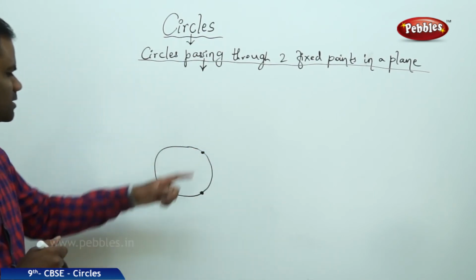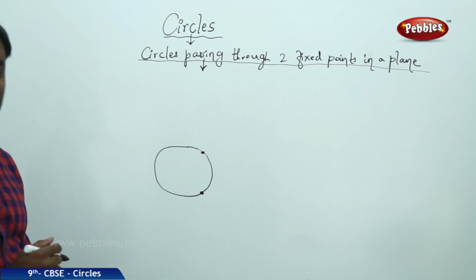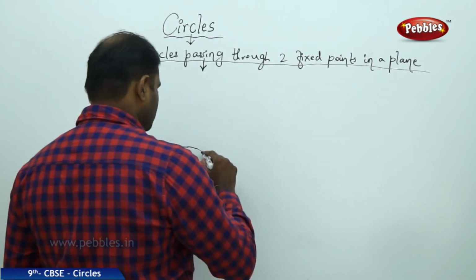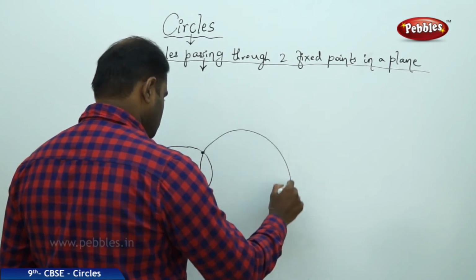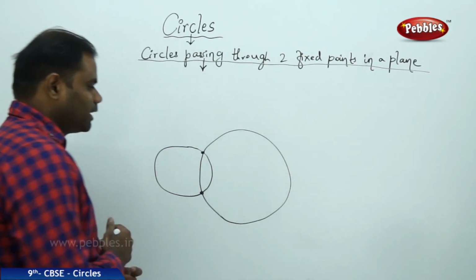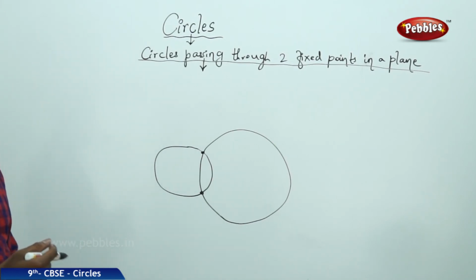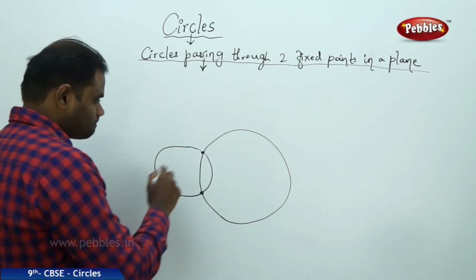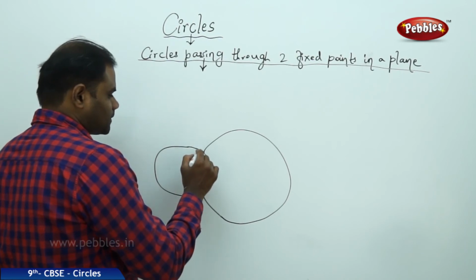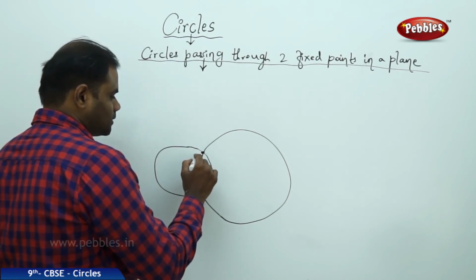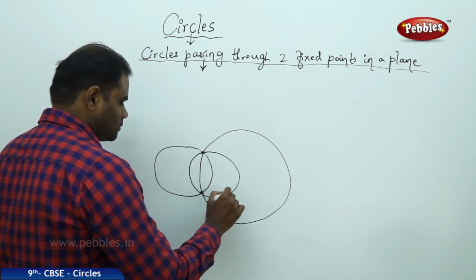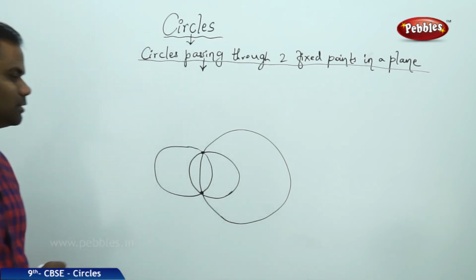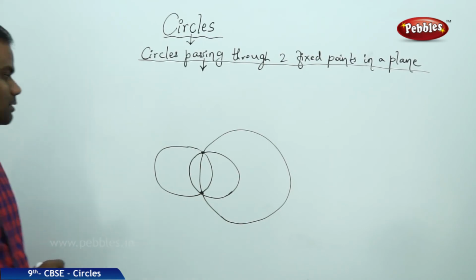So here I have a circle which passes through these 2 points. Similarly, I have another circle which passes through these 2 points. Next, let me take, yes, this is one more circle which is made to pass.